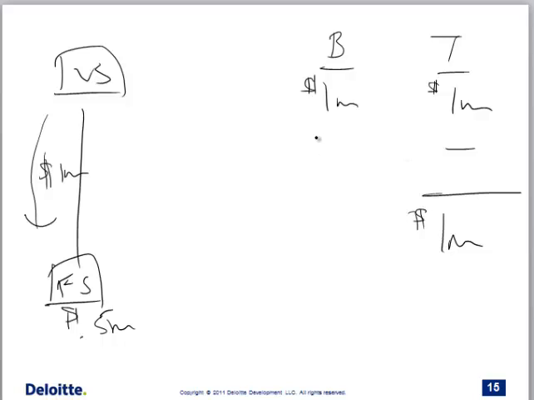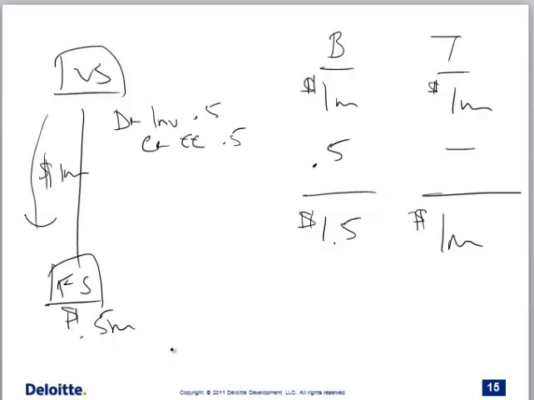But from a book perspective, the basis goes up. So your book basis is now $1.5 million. Okay? And the reason is that at this level, they book an entry which is debit the investment for 0.5, credit equity earnings, 0.5. And so these guys are booking an entry locally, which is debit cash, 0.5, credit income, 0.5.